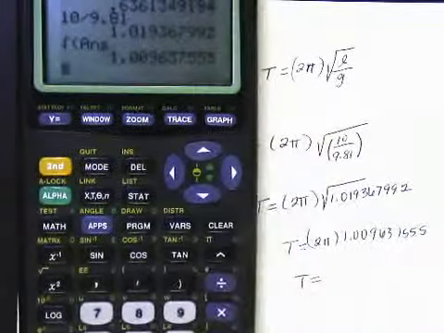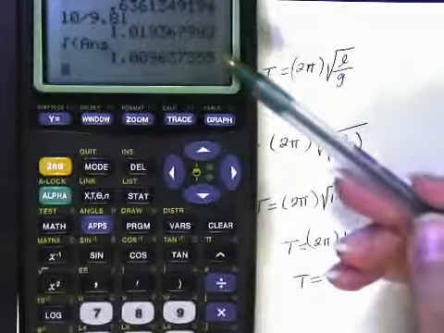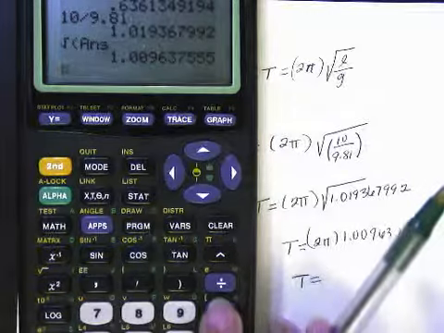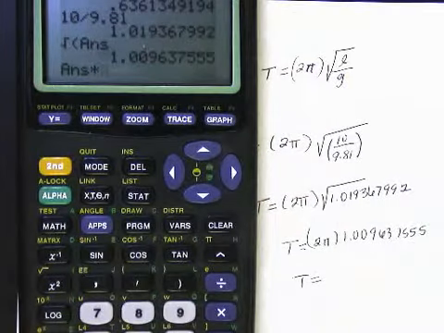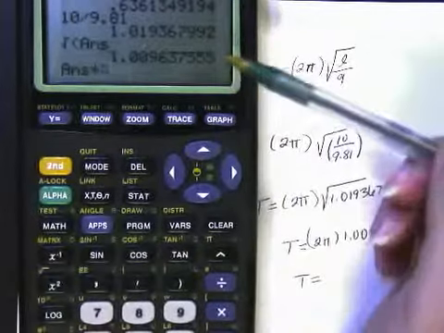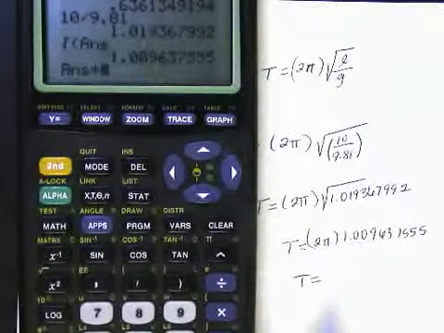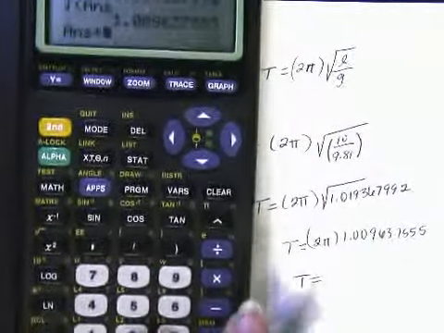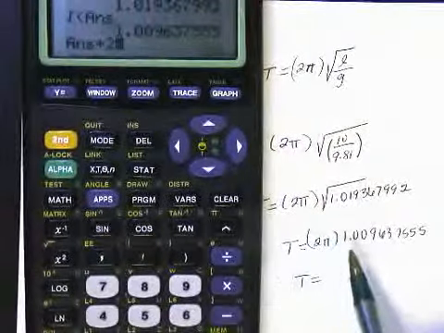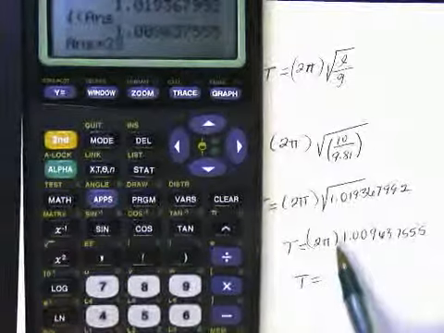To do that in the calculator, I'm going to keep that number intact by simply pressing the multiplication button. You'll see once again that it has ANS on the display screen, which means the last answer you generated will be plugged back in. So it's going to be the answer multiplied by 2 pi. This is not 3.14. You don't want to introduce rounding error.